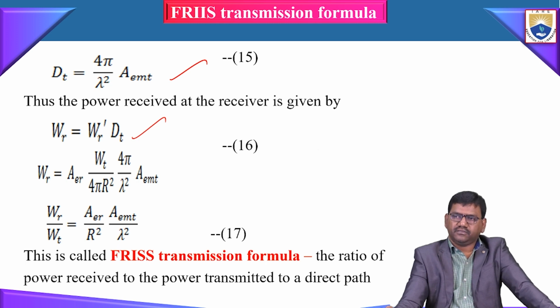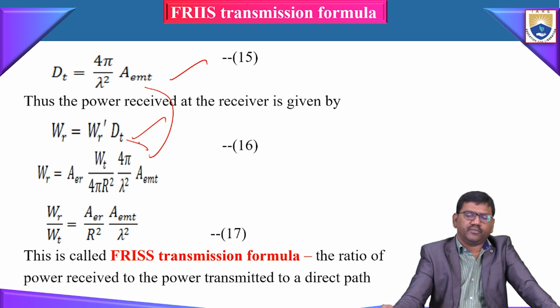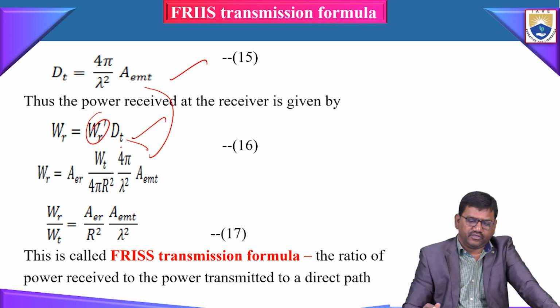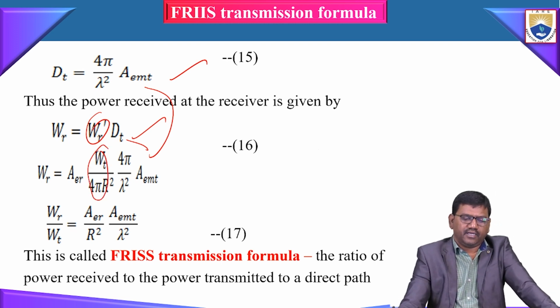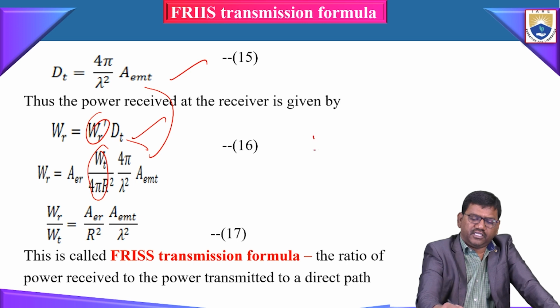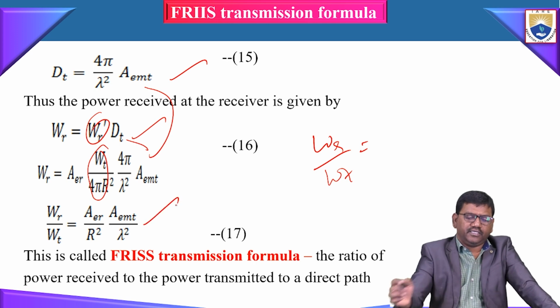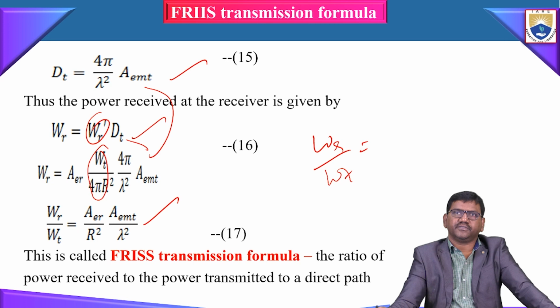So DT is equal to 4 pi by lambda square into AEM, we substitute here, and WR dash depends upon WT by 4 pi r square. And let us find the ratio of WR by WT. The ratio of WR by WT is equal to AER by r square into AEM by lambda square. So this is known as the Friis transmission formula.